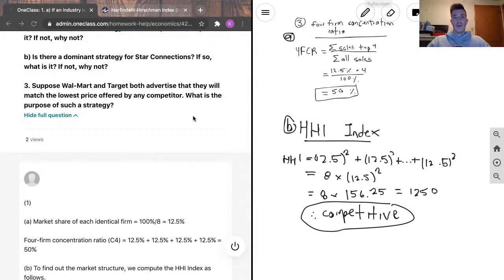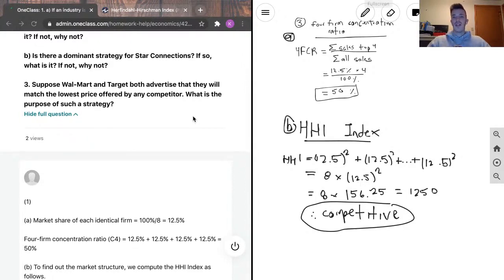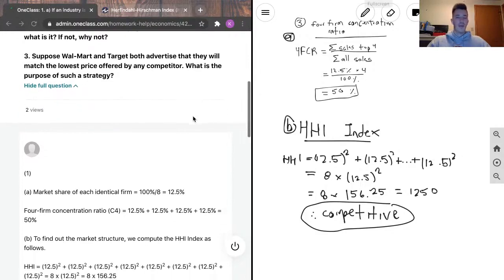So they're going to hold the current ones in that people that already shop at Walmart know that if they see an ad for Target, they can just bring that price in and get their shop done all in one place. And people that are thinking about shopping at Walmart may be more incentivized to go there due to the lowest price matching that they may get at their other store.